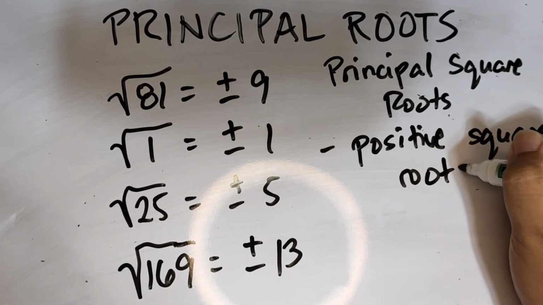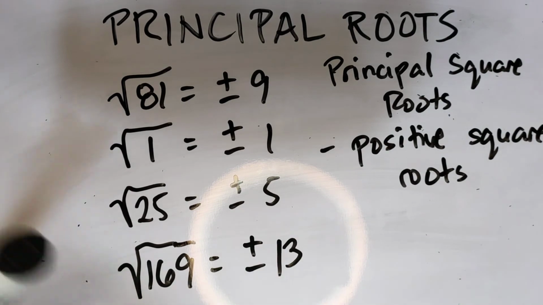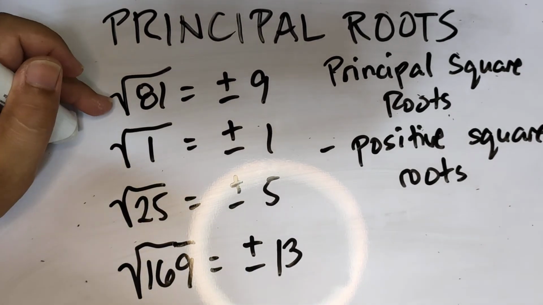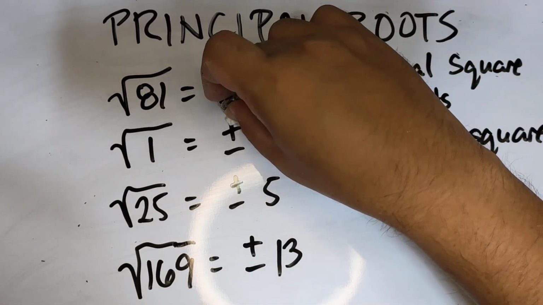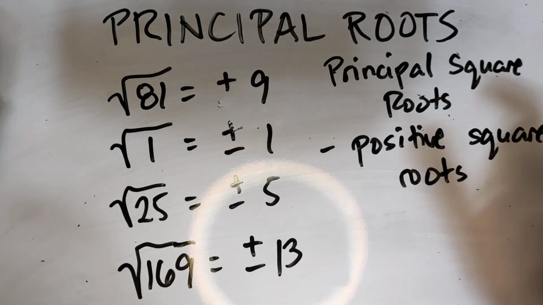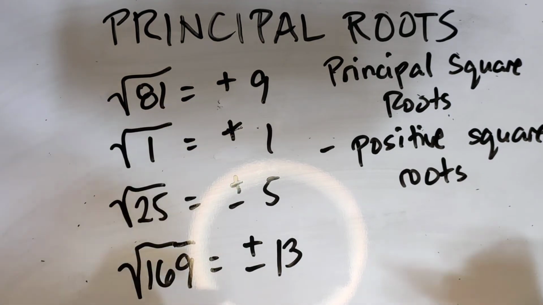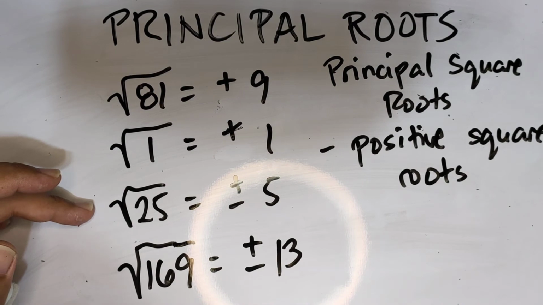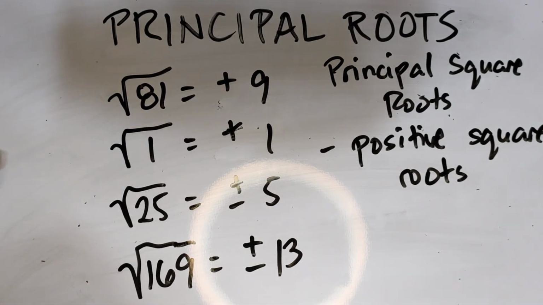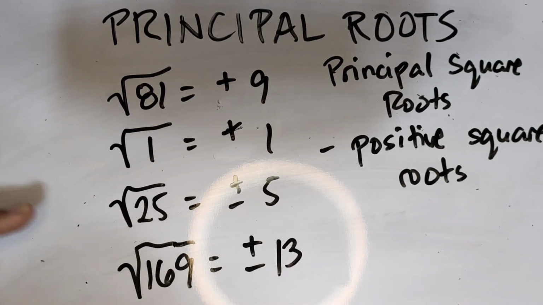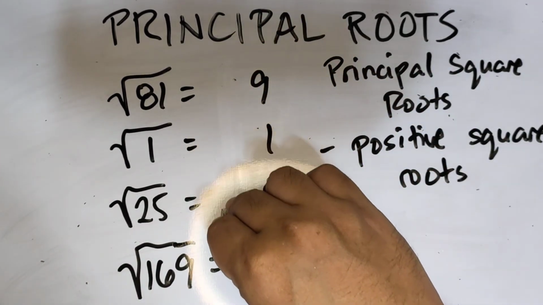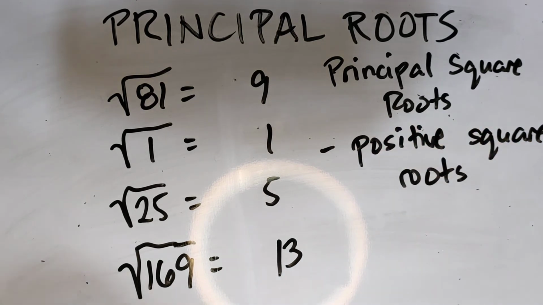So, ang principal square root ng 81 ay positive 9. Okay? At ang principal square root naman ng 1 ay positive 1. Principal square root ng 25 ay positive 5. Principal square root ng 169 ay positive 13. So, kahit tanggalin mo na yung sign na positive, okay na siya.